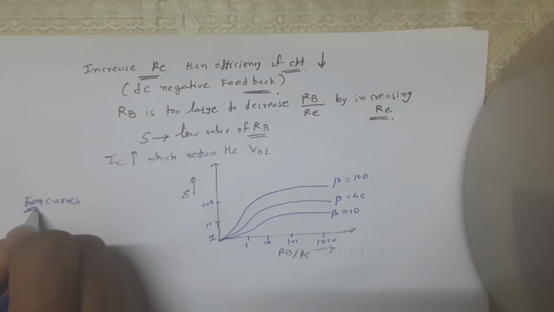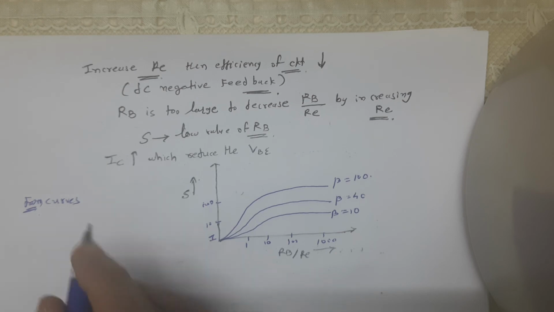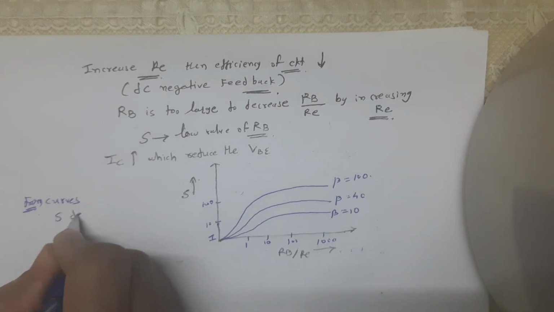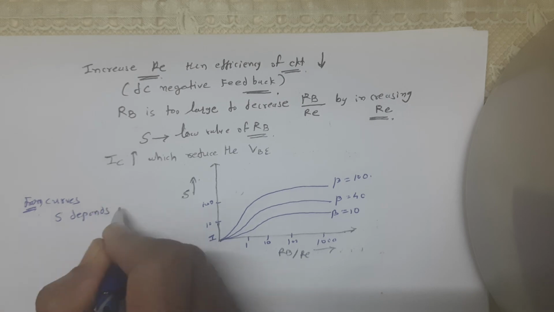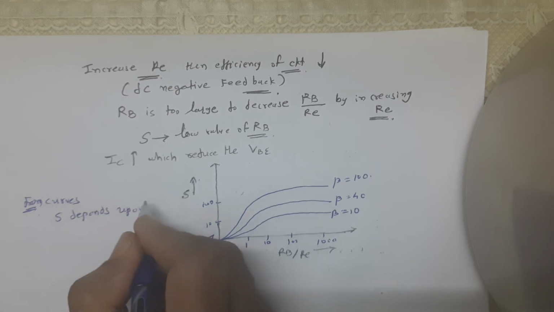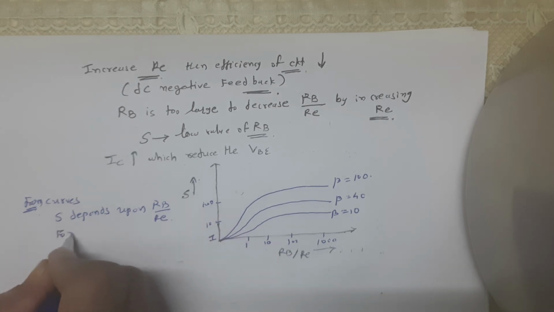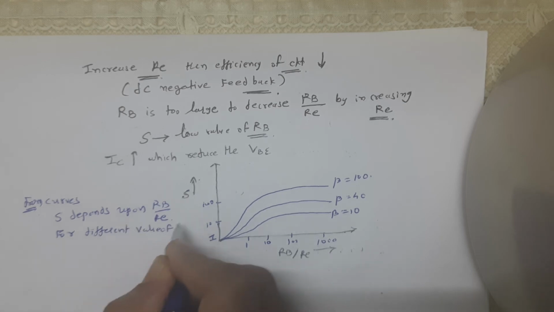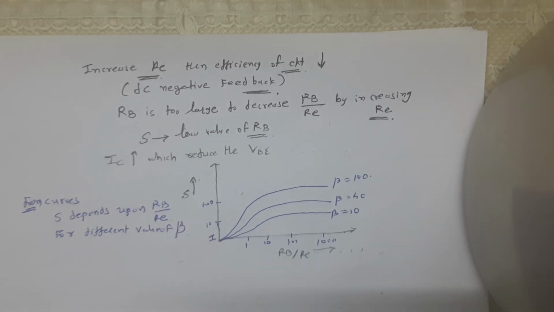From the graph, it shows how S depends upon RB upon RE for different values of beta.